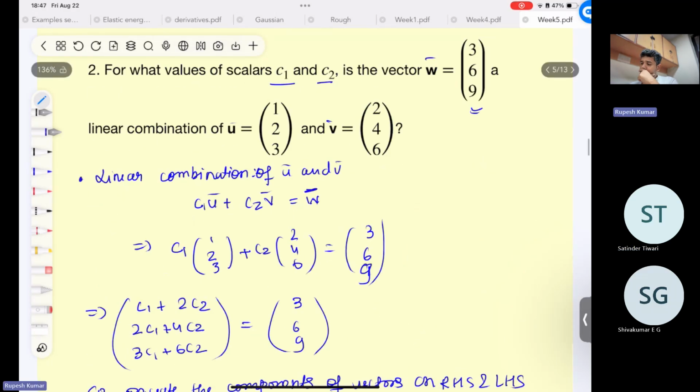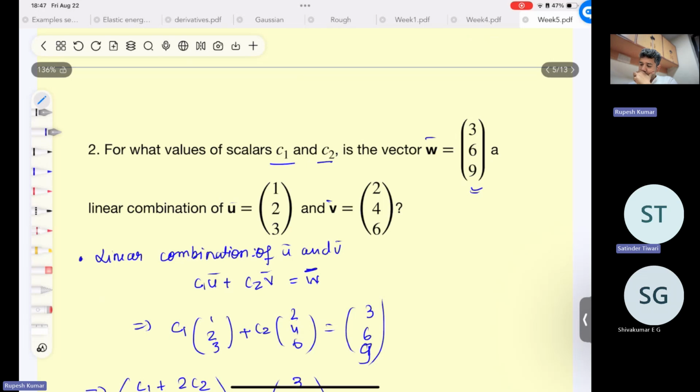Okay, you are saying if W is some scaled version, W is already in that multiple only. If I take W as some other vector like 4, 6, 9, W is 469. Fine.